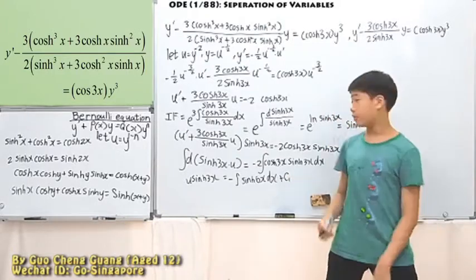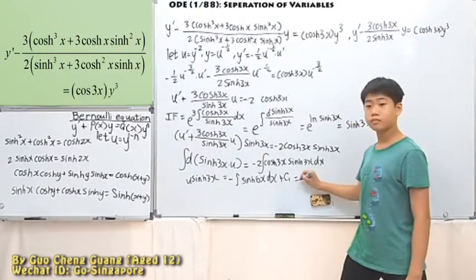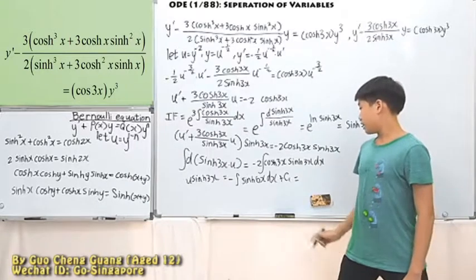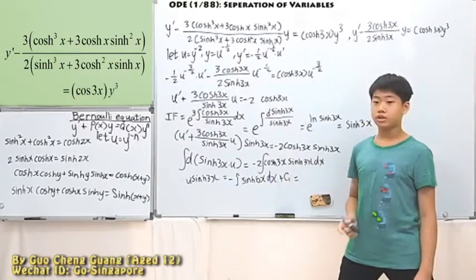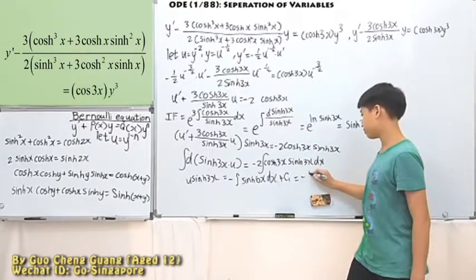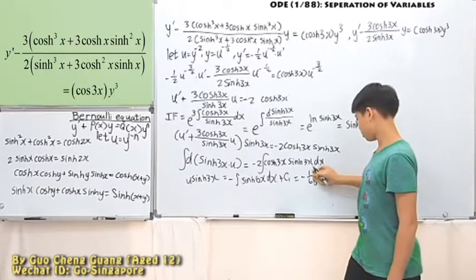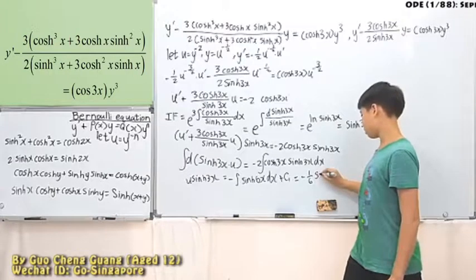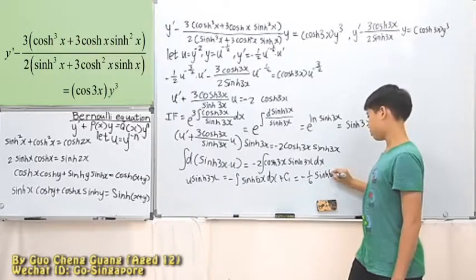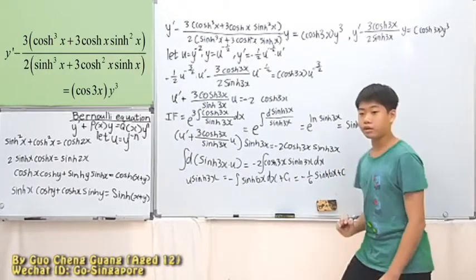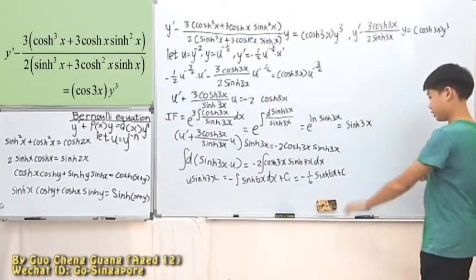So you can put it as C1 over here. Then after that, here you can straight away integrate, and you'll get this C, this exact C.